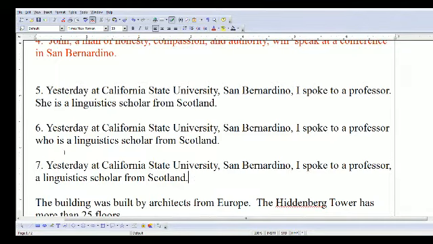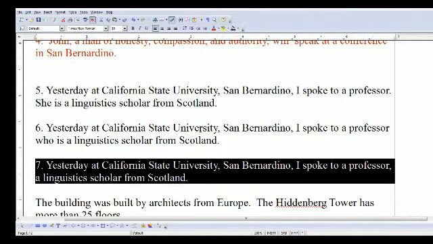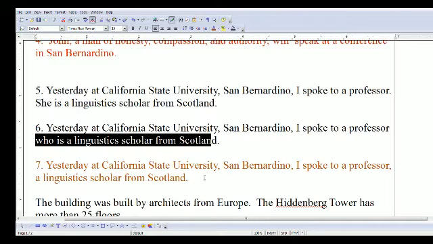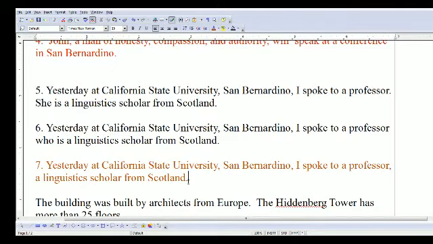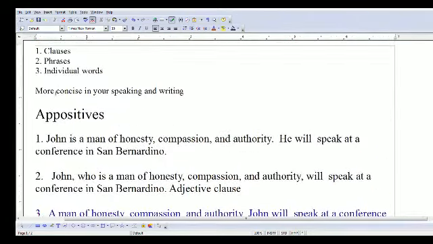Now, what I'm saying is, out of the 3 that you see, 5, 6, and 7, this one is the most advanced. This is probably the better sentence that you could use. Again, I'm taking the adjective clause here, and I'm reducing it to what's called an appositive.